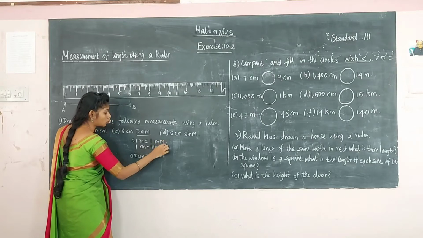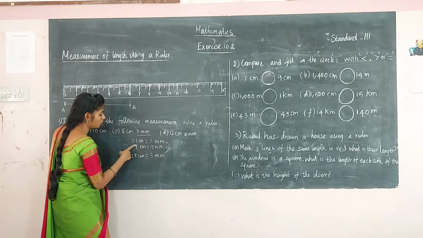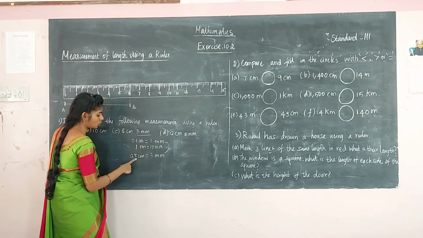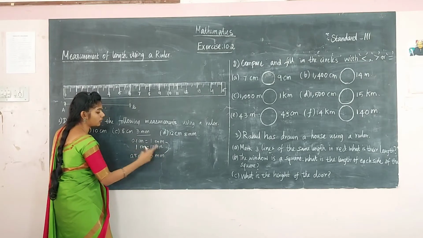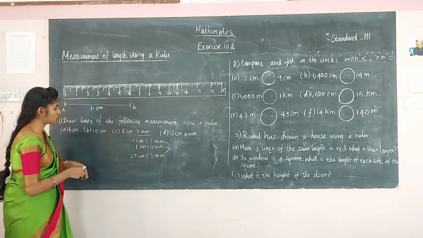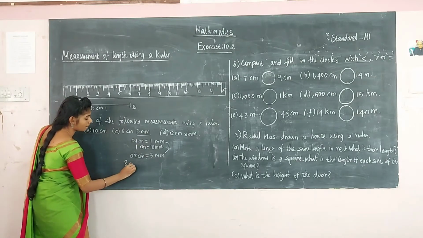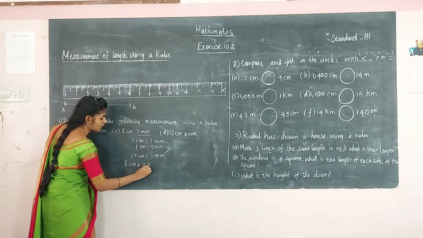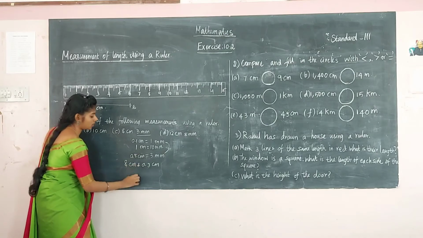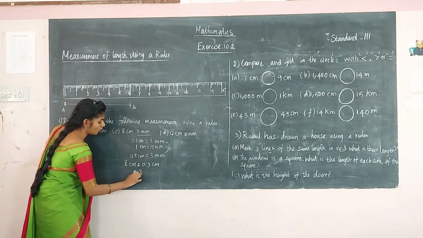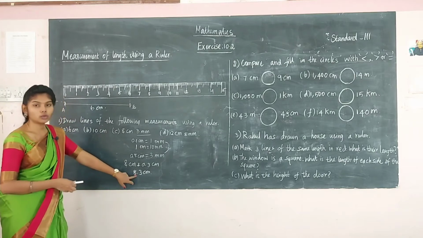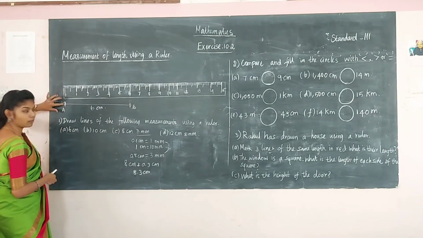Now you could identify this. If it is 0.1, it is 1 millimeter. So the same, 0.3 centimeter is equal to 3 millimeter. Now you are going to add these two, 8 centimeter plus 0.3 centimeter. How will you write it? 8.3 centimeter. So how will the marking be? How will you draw the line? Have to start from here.